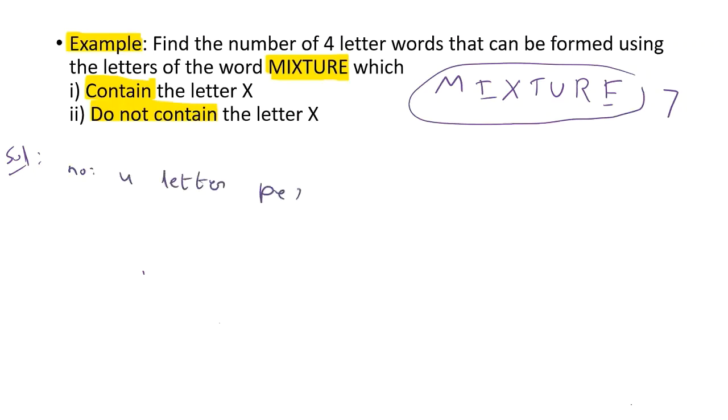Now the number of 4-letter permutations is going to be 7P4. So these are the total number of permutations without any constraint.